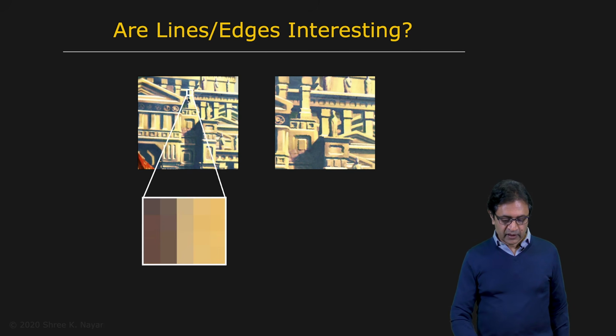Here you have an edge in this image. This is an image of a scene. This is a slightly more close-up image of the same scene. And here you have an edge here, and we already know that edges are rapid changes in brightness within a small window, and that's what you see here. You have a rapid change. And the question is, is this interesting enough?